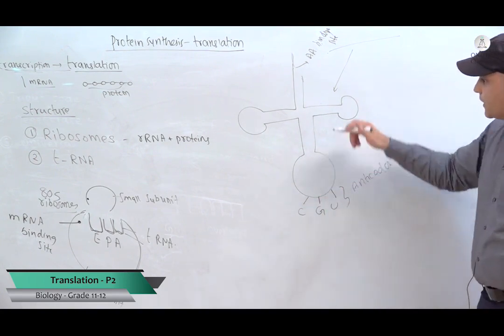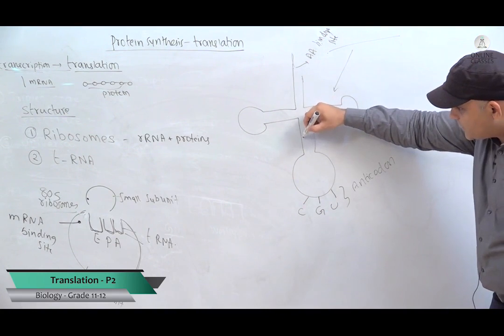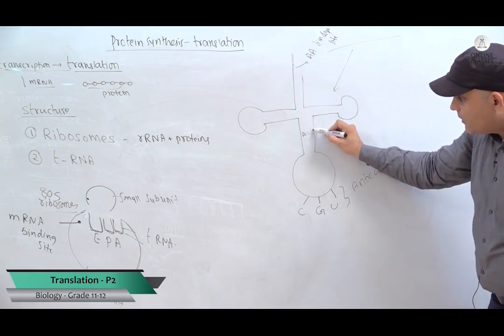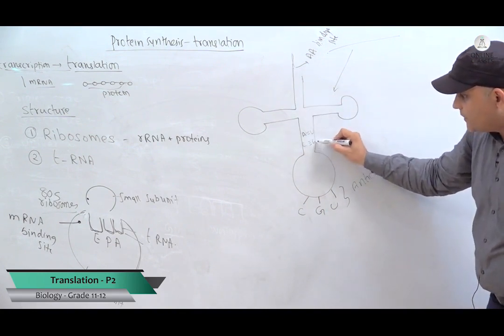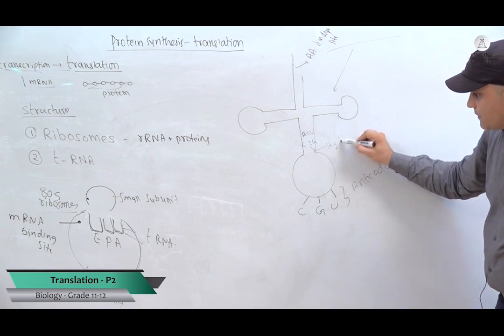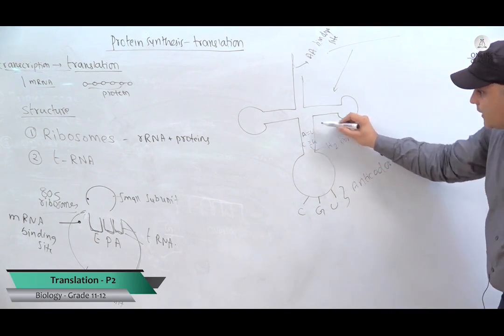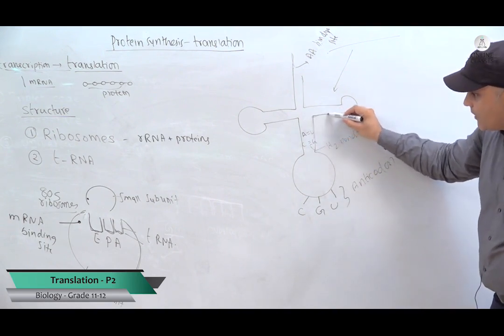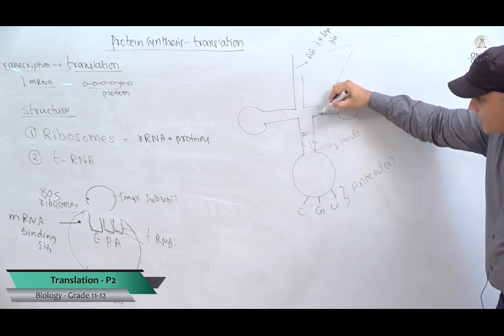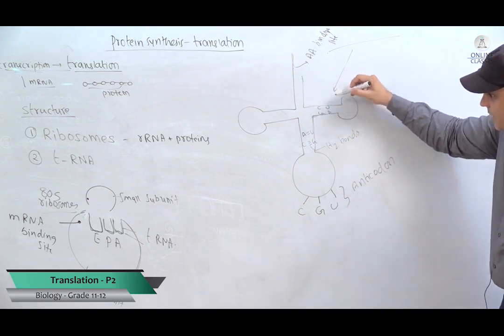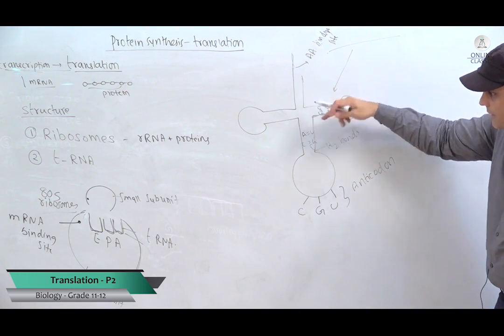We'll see that later. So here you have complementary base pairing taking place like this. These are the hydrogen bonds, and this is the sugar phosphate backbone again. So here you have cytosine guanine, uracil adenine, double bond, triple bond, the same thing.